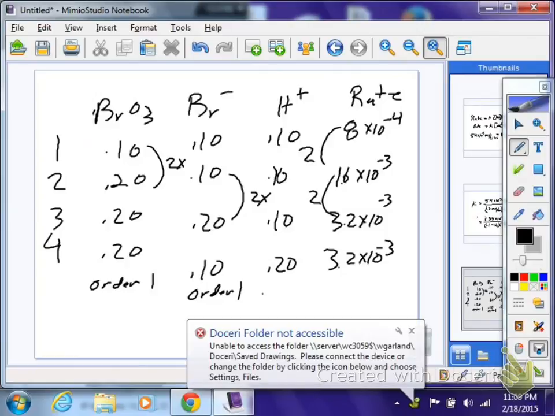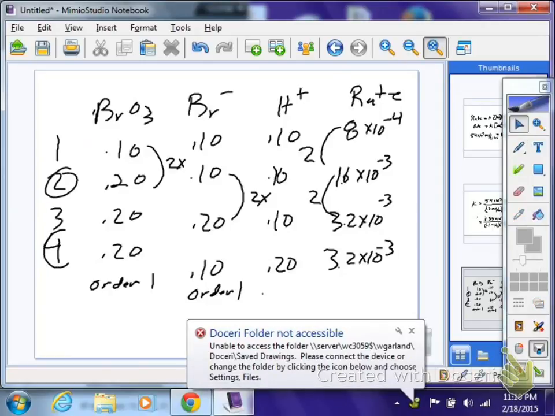Okay, let's look at the last experiment. Maybe we don't have to look at the last experiment. We want to look at how H plus changes. So for H plus, you have to look at experiment 2 and experiment 4.